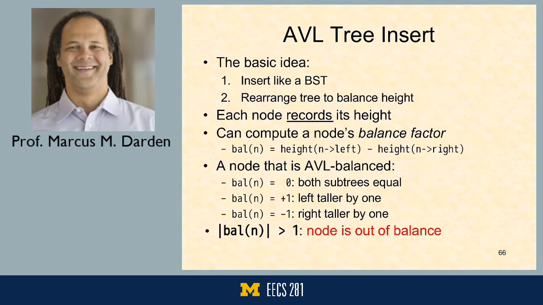So let's do AVL tree insert. It's going to start out like a BST insert. You just insert like BST. Then we're going to rearrange the tree to balance the height. That's where these rotations come in. The way that we can do that is each node has to keep track of its own height, and that's recursively easy.